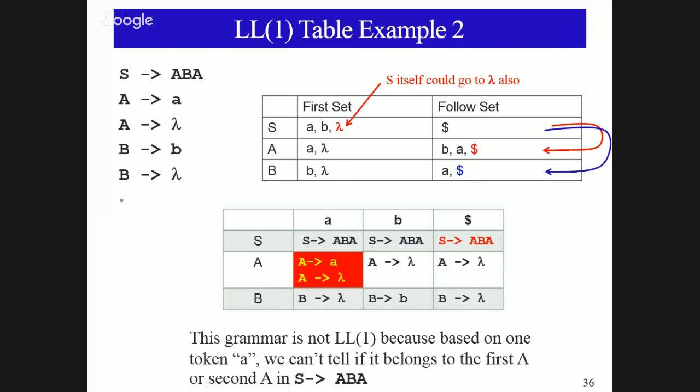In this case, A goes to A. And because this has a lambda, I have to use the follow sets and put in the lambda rules. So there's a lambda for B, a lambda for A, and a lambda for dollar sign. Then we get into trouble, because now if I'm looking for A, big A, little a, I'm going to have two rules. Which one do I use? Again, I can't just say, oh, I'm just going to pick one.